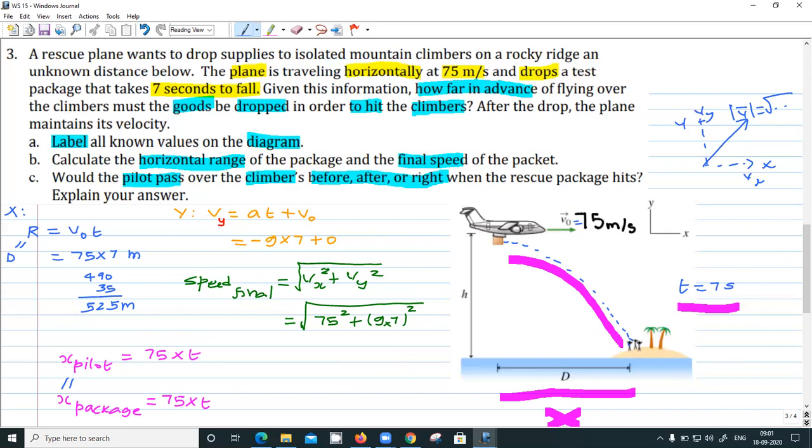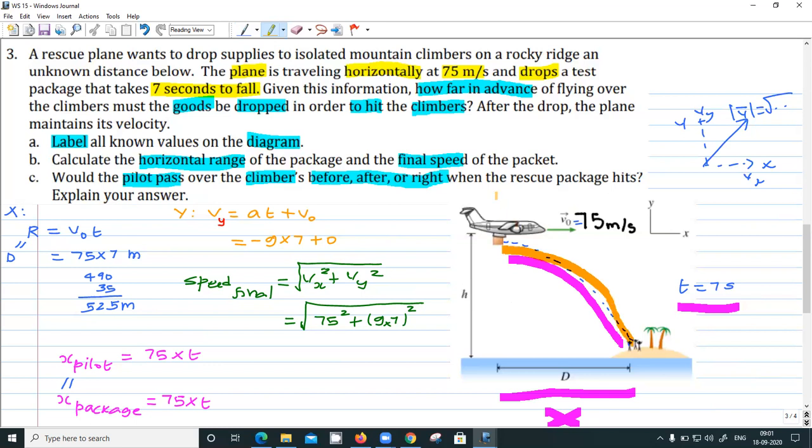Okay, and the third part, C. Would the pilot pass over the climbers before, after, or right when the rescue package hits? Explain your answer. Did you understand the question? Yeah. The package is moving from here to here, right?